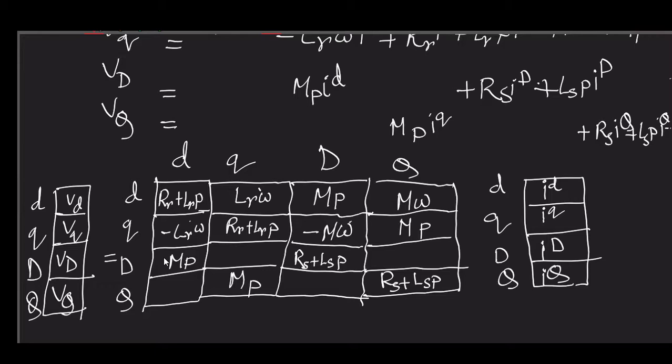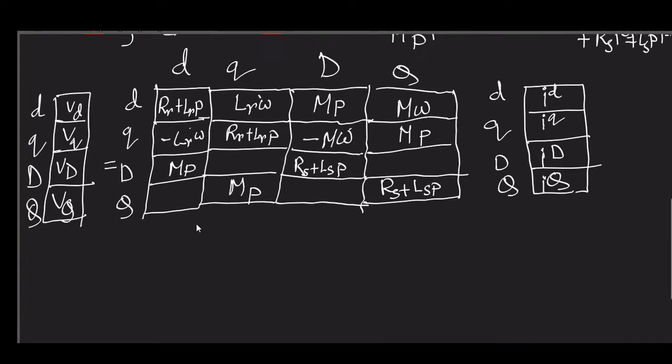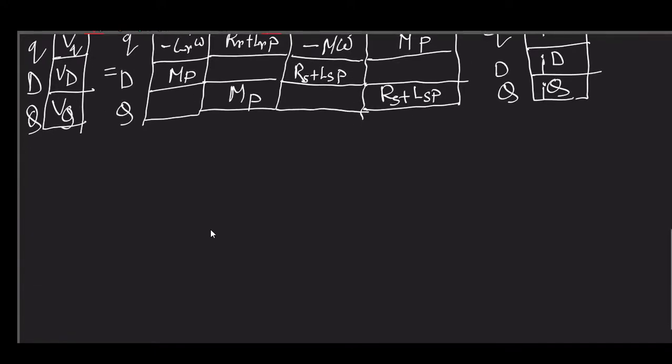However, before I conclude this video, I would like to remind you of the simplifying assumptions we had considered while doing so. First of all, we didn't consider saturation. Saturation was not considered.